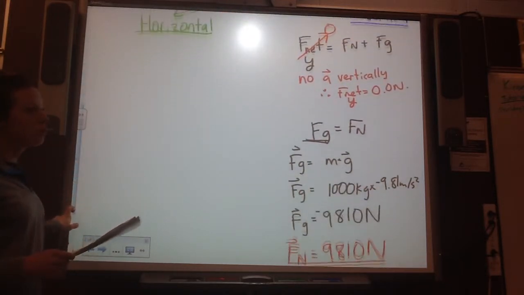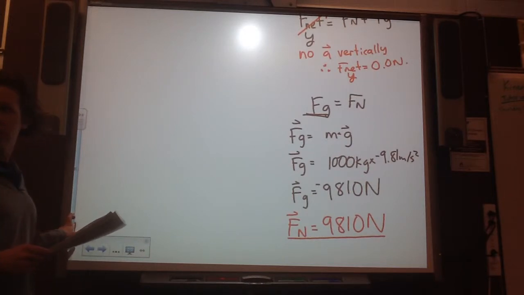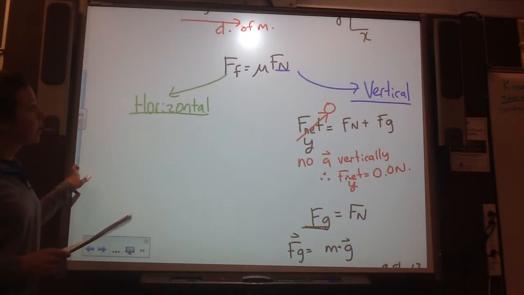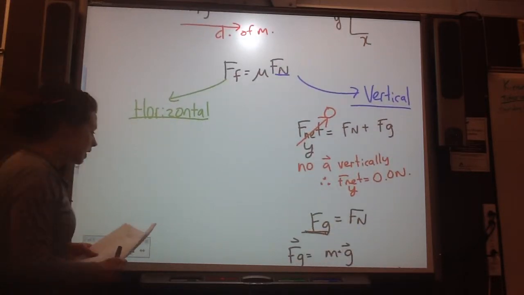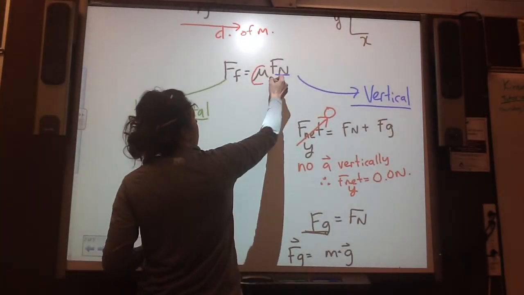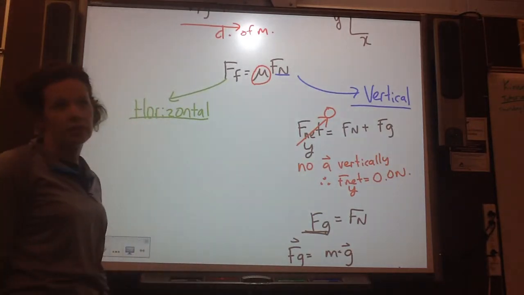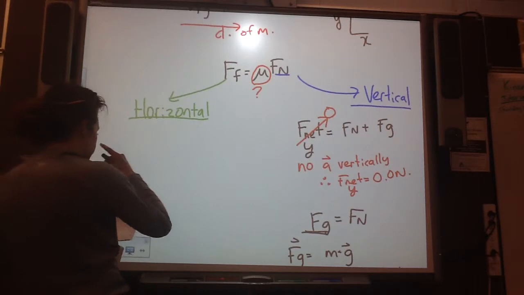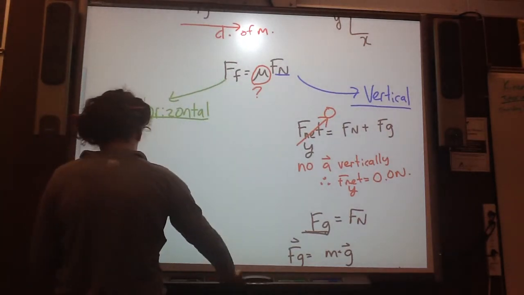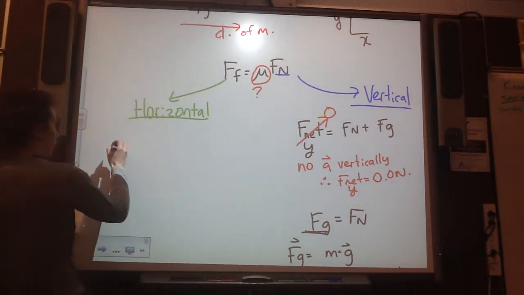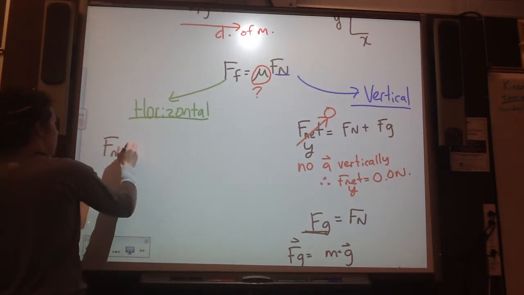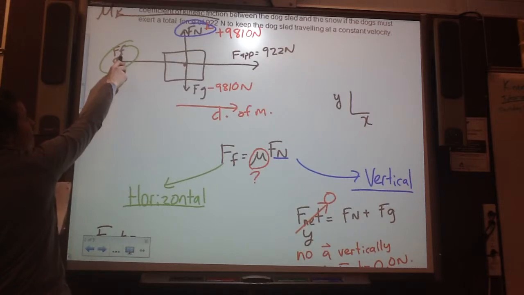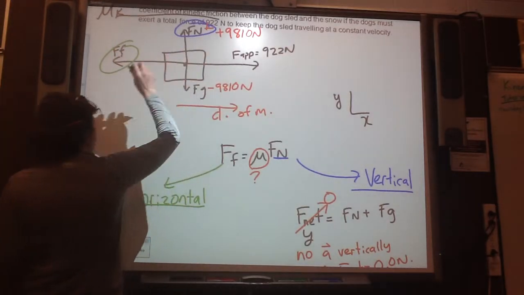Okay, so does everyone have their vertical done? Now we need to find out our horizontal, because this is what we're actually trying to find as our answer, right? That's our overall question. But we still need to find this in order to put it all in. So again, we say F net is equal to, for horizontal, it's FF plus F app.